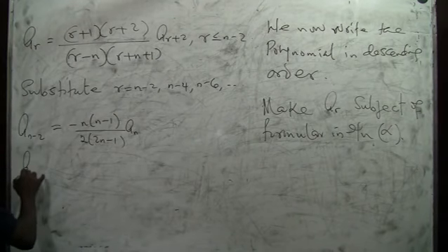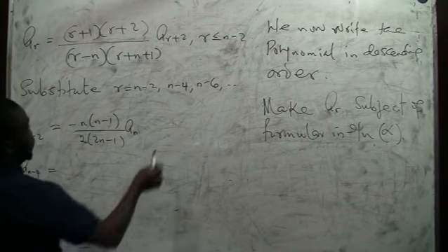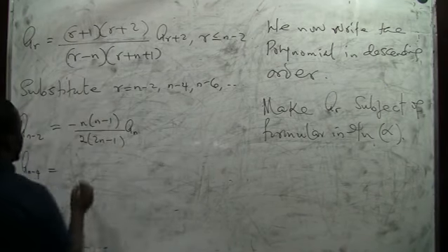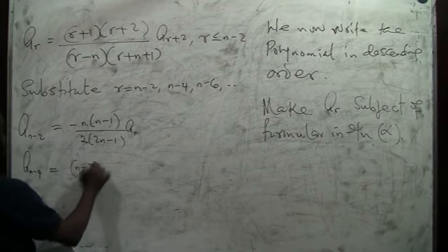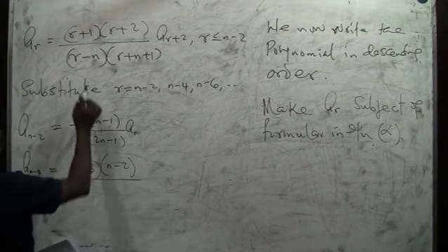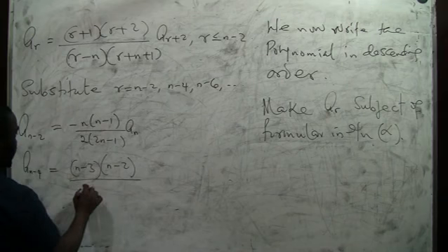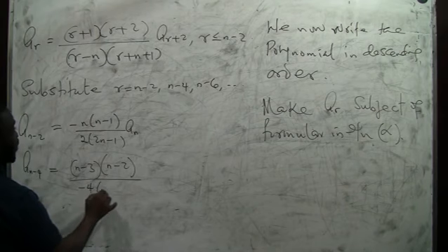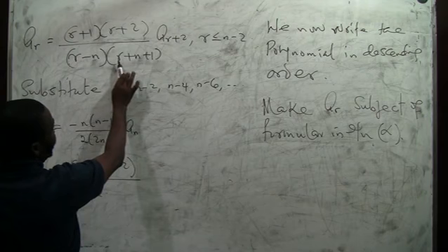We are going to have A_{n-4} equals (n minus 4 here will give us n minus 3) into (n minus 2) divided by, put n minus 4 here, n cancels n, then I'm left with minus 4 multiplied by bracket, put n minus 4 at this point for r.